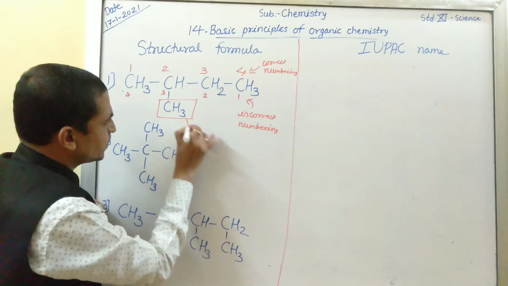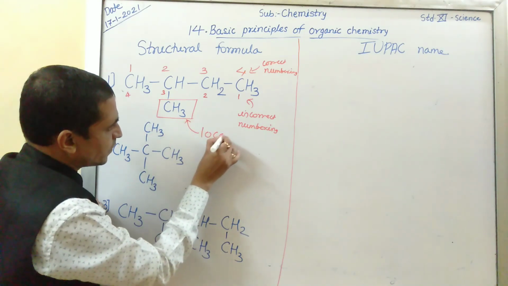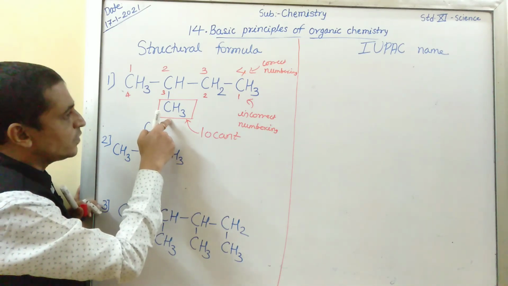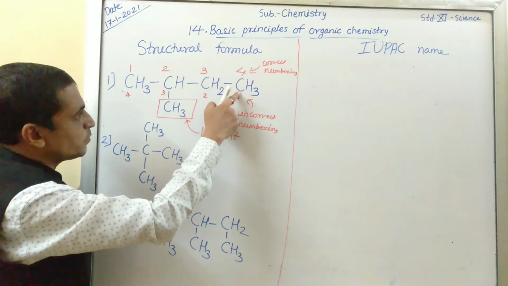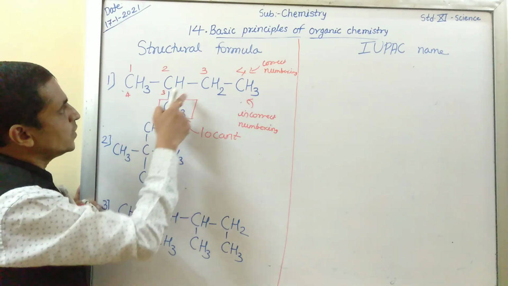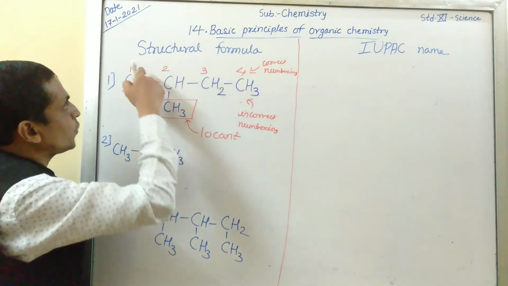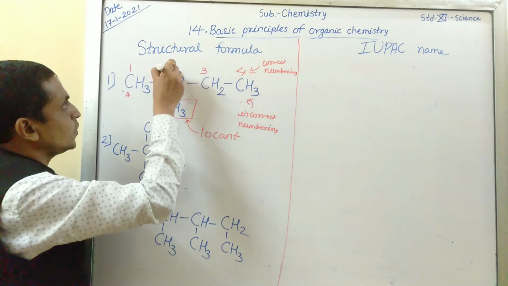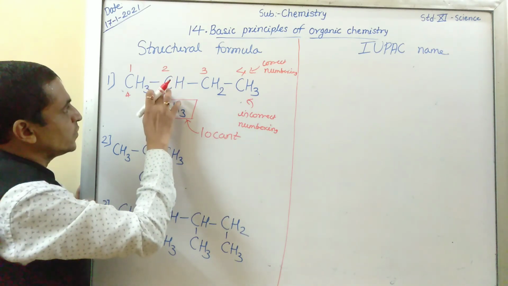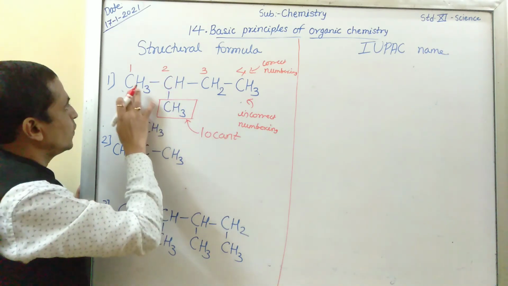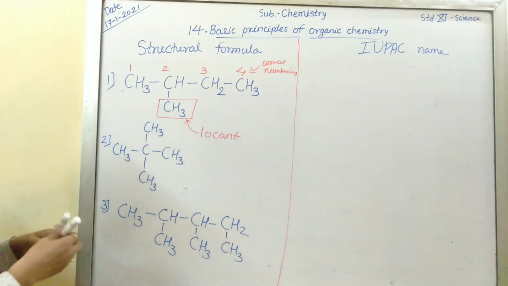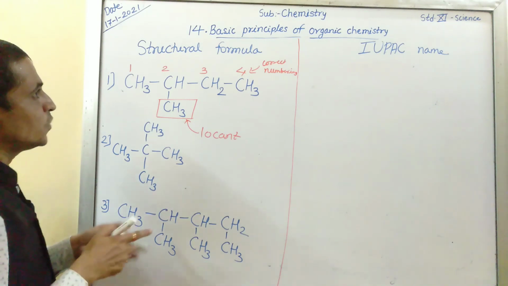So this is called the locant. And we try to give a lower number to the locant, and therefore you have to cancel this numbering 1, 2, 3, 4, because here if you consider 1, 2, 3, 4, then 2 is the lowest number for this locant and 3 is the bigger number, so we have to remove this incorrect numbering. So here the locant has the lower number, that is 2, so what is the name?